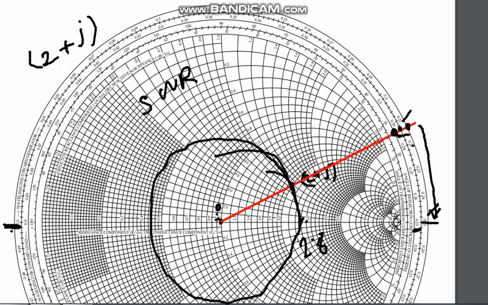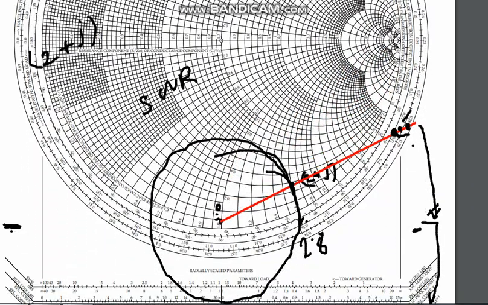And if you want to find the minima, you have to traverse the total circle from there to 0.